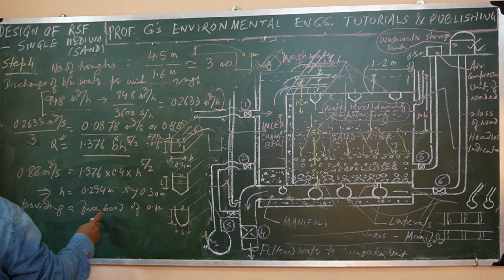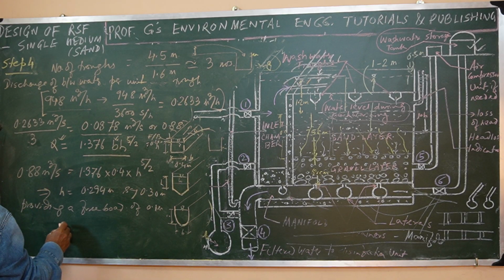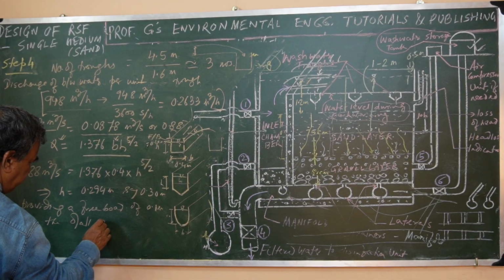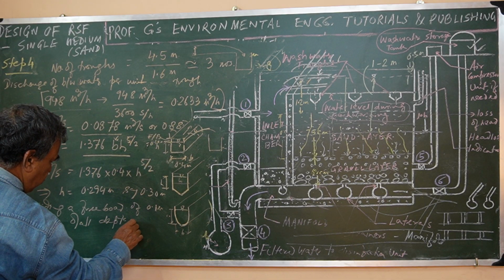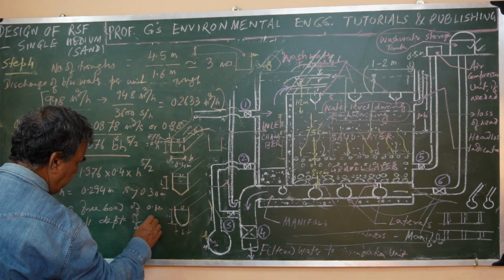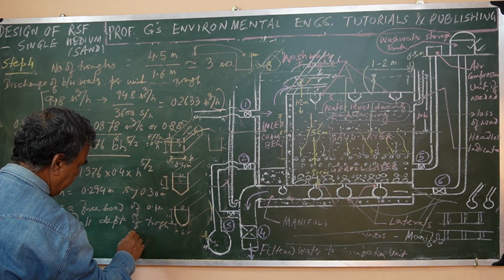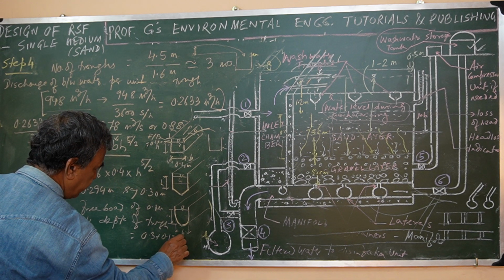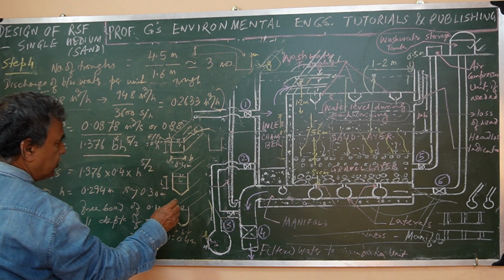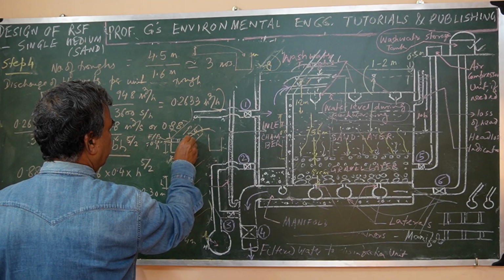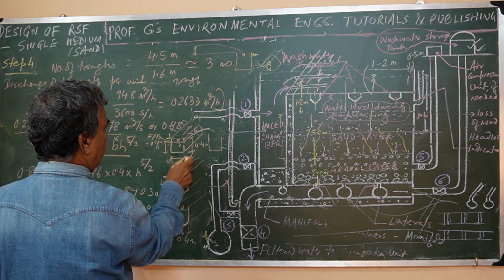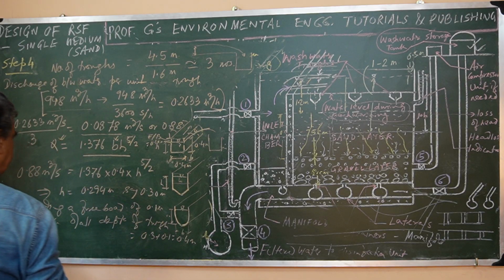So providing a freeboard, the overall depth of trough happens to be 0.3 plus 0.1, that is 0.4 meter. That means this will be 0.4 meter. So this will be 0.4 by 0.4. Okay.